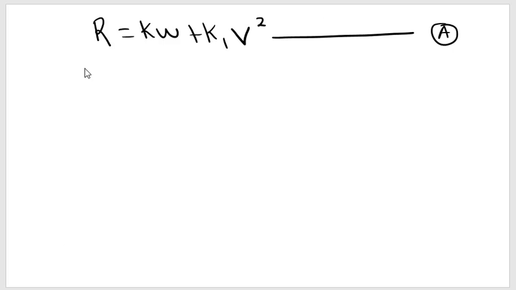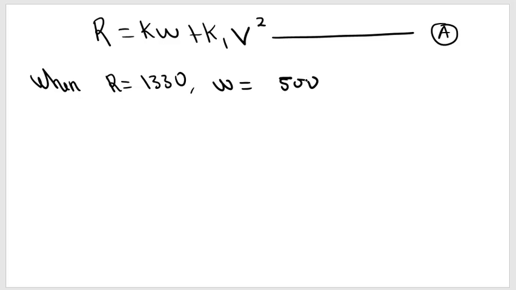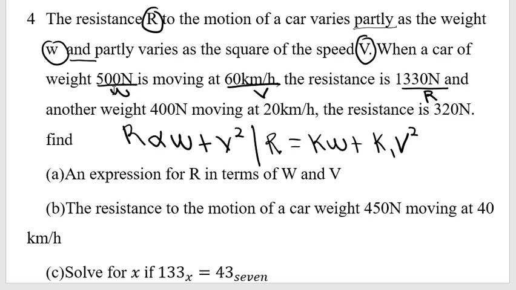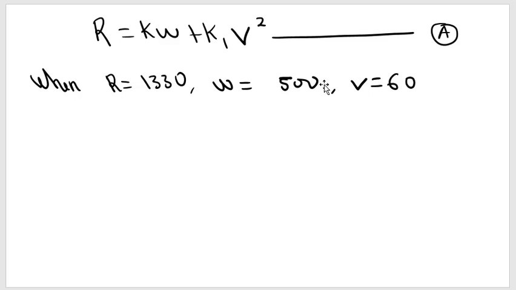Now when R is equal to 1330, W is equal to 500, and V is equal to 60 from the question, this is going to help you to get your first equation.